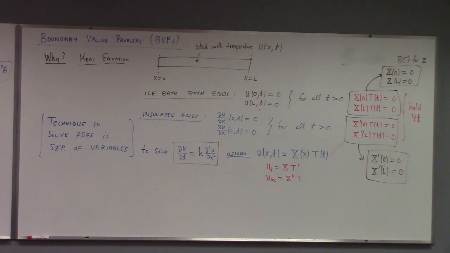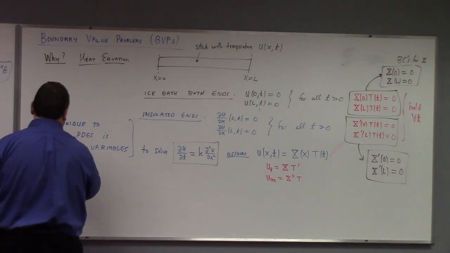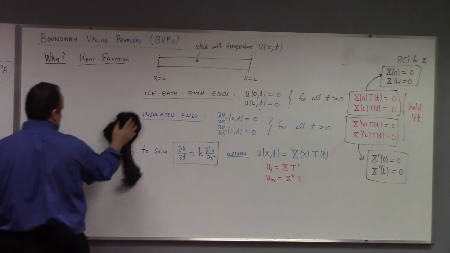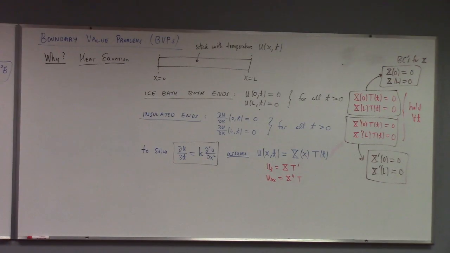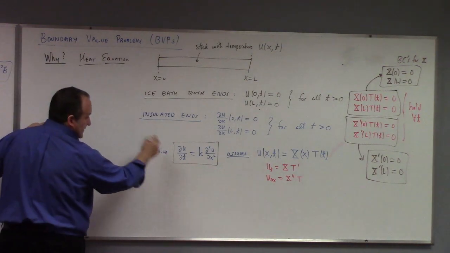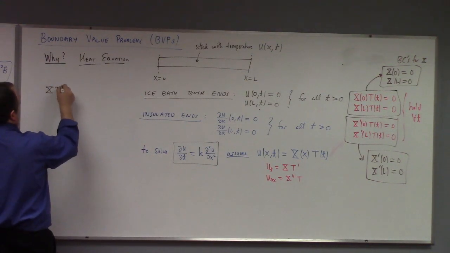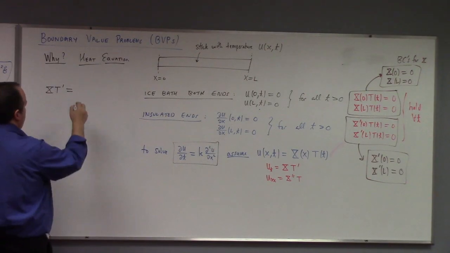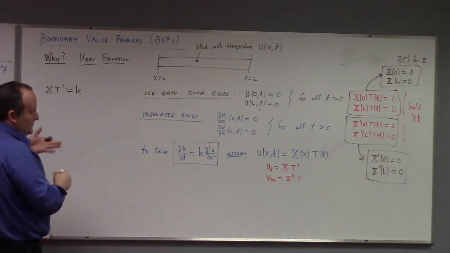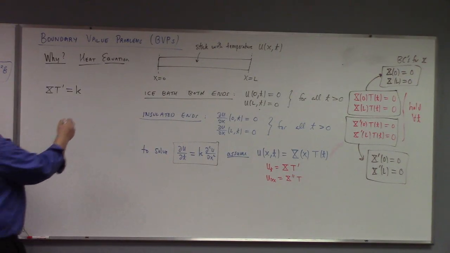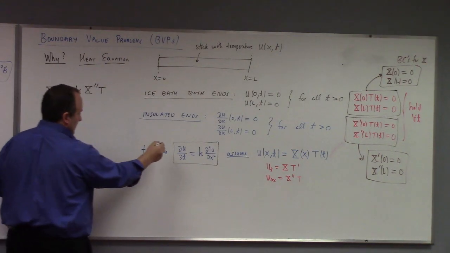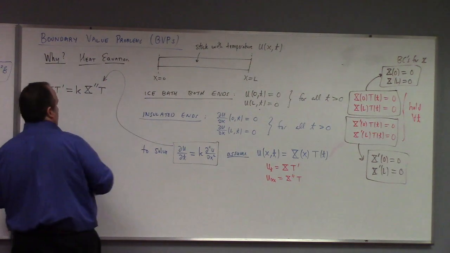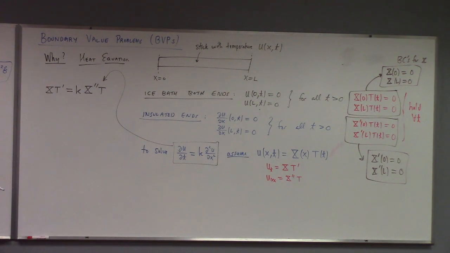Then what that gives us: u_t is X T prime, and I've got k, and my u_xx is X prime prime T. So I'm just plugging the product solution in there.